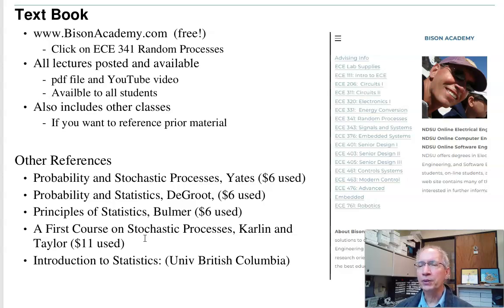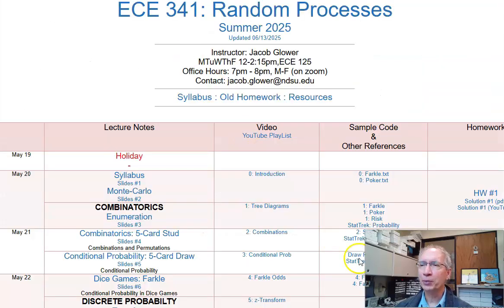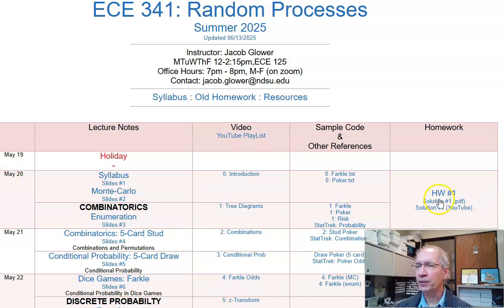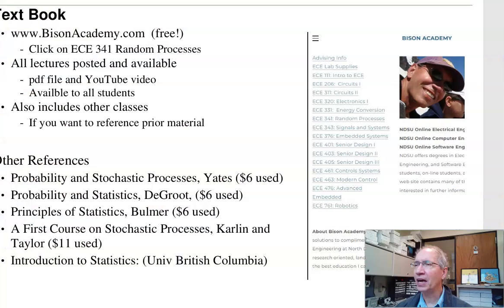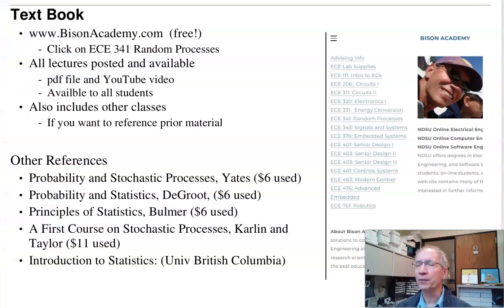What the publishers do is they change the homework problems in the back of the book. Well, I don't use the publisher's homework problems because I like to post solutions. For example, this semester, here's the homework problem, there's the solution, recorded solution. The reason I like posting solutions is I think it helps in learning the material.